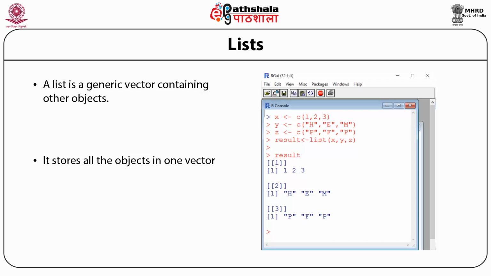To see what data has been stored in result, we just type result and enter. Here we can see the first vector is printed in the first line, and it is 1, 2, 3. Then the second vector is shown as [[2]], and the first element of the second vector is "h", e, m, and similarly the third one is also printed.